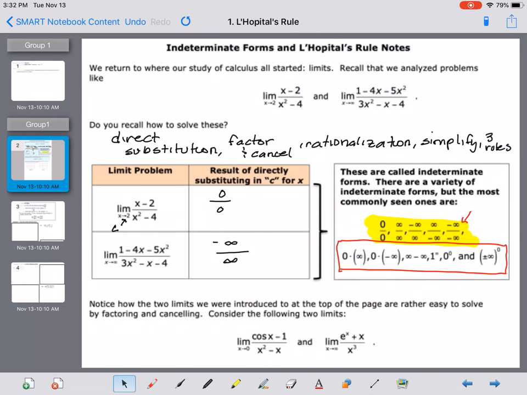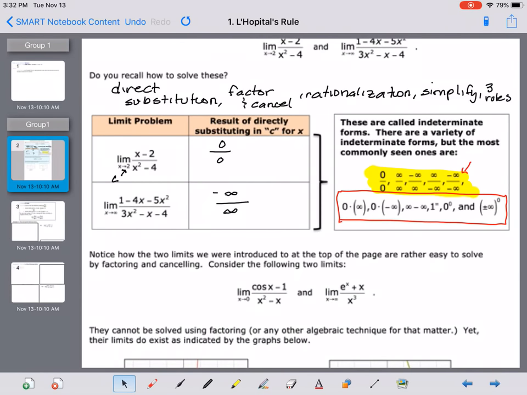But if we look at the next two limits down here, these two, okay, if I plug into the top one, I'm going to get 0. On the bottom, I'm going to get 0. There's no algebraic process to help me kind of break that down. So I would have to resort to graphing of the function, which now we know some kind of ways to at least figure out the shape of the graph, things like that.